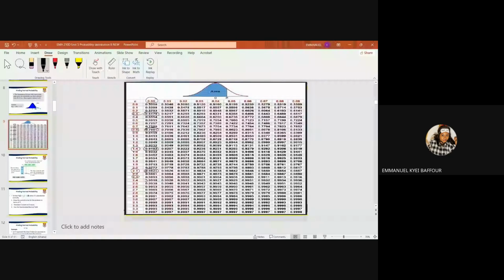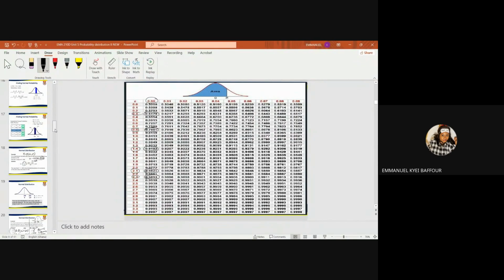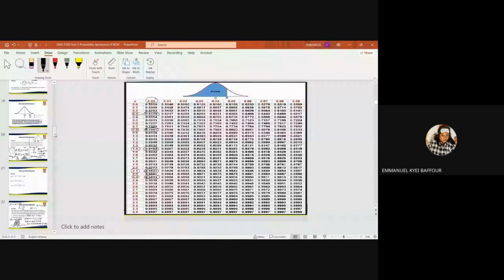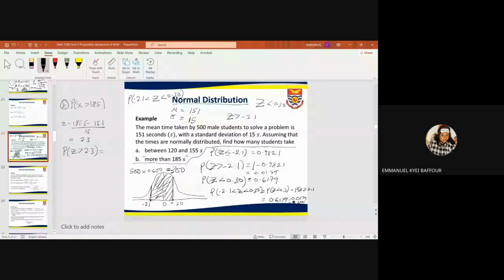So that is supposed to be 0.9893. So we have 0.9893, right?